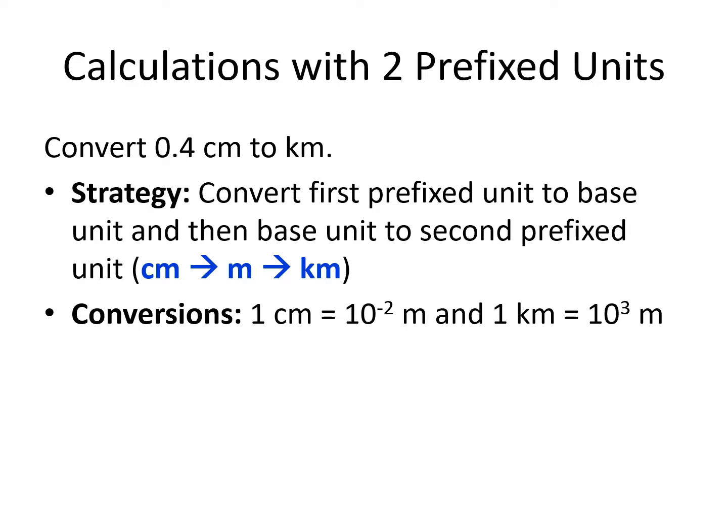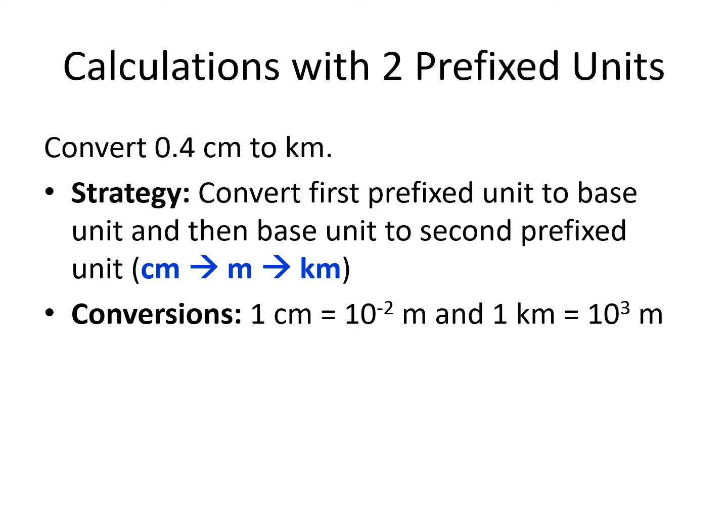The relationship between centimeters and meters is that 1 centimeter equals 10 to the minus 2 meters. The relationship between meters and kilometers is that 1 kilometer equals 10 to the third meters. Again, for consistency, I always write it as 1 times my prefixed unit equals my power of 10 times my base unit.